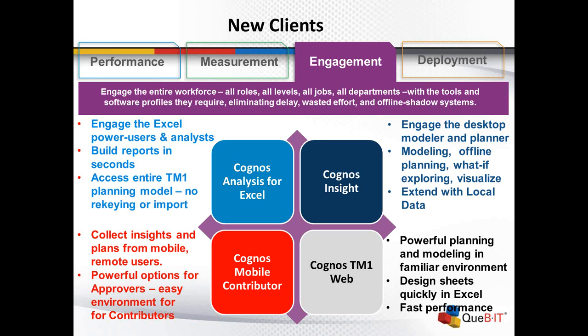New clients. One of the big ones that's really going to impact us is Cognos Analysis for Excel, which is the new Excel add-in for TM1. Café is not new in the sense that Café existed as an Excel client for BI data housed in Cognos BI or in the data warehouse, but it was not previously able to access TM1 data.